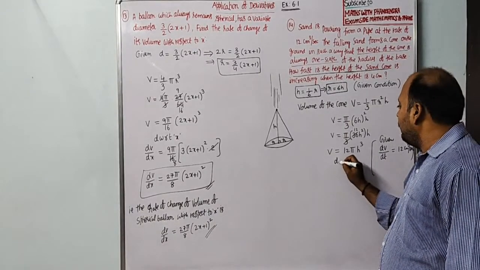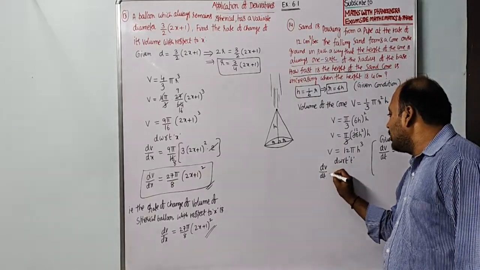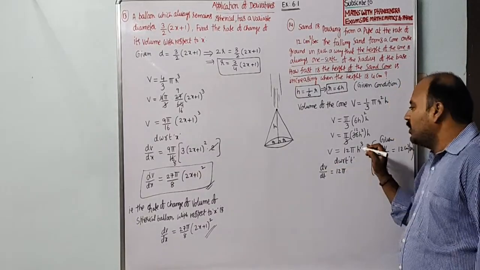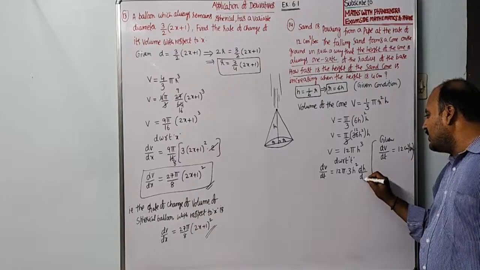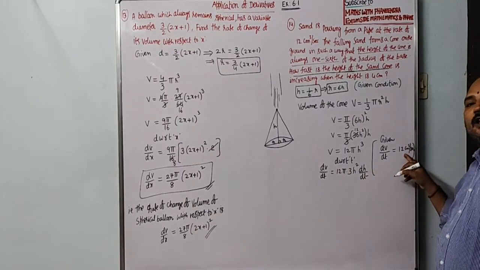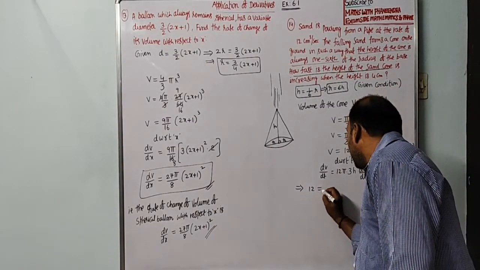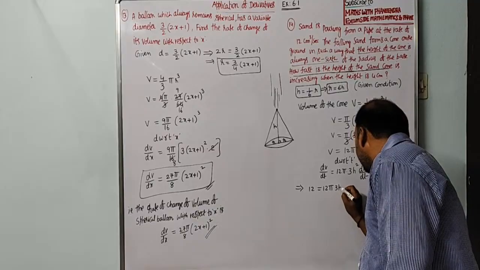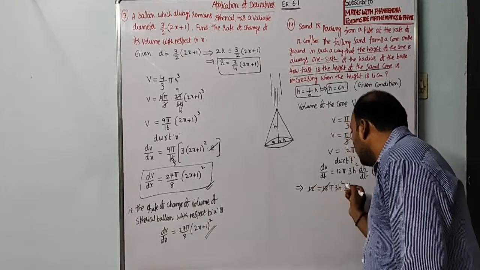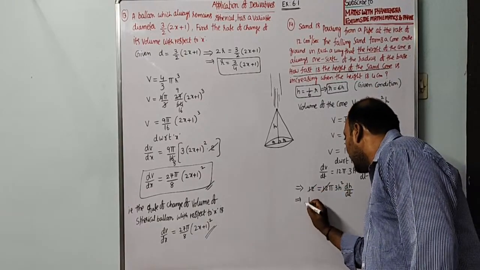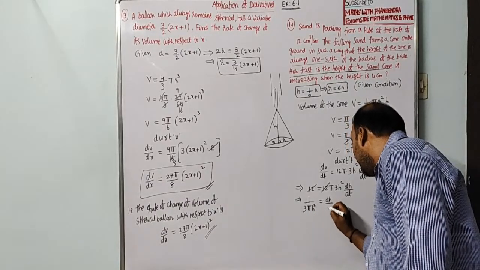So differentiate with respect to t. dV/dt is equal to 12 pi into h cube derivative, which is 3h square, again h derivative is dh/dt. In place of dV/dt, I replace with 12. So 12 is equal to 12 pi into 3h square into dh/dt. So 12 gets cancelled, and 1/(3 pi h square) is equal to dh/dt.